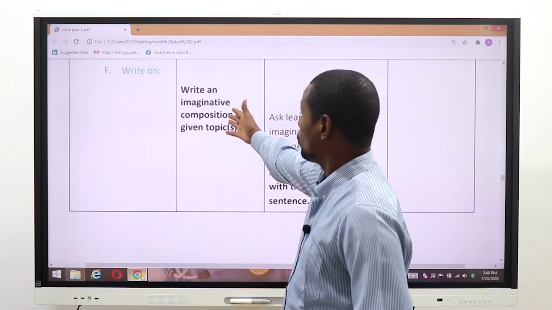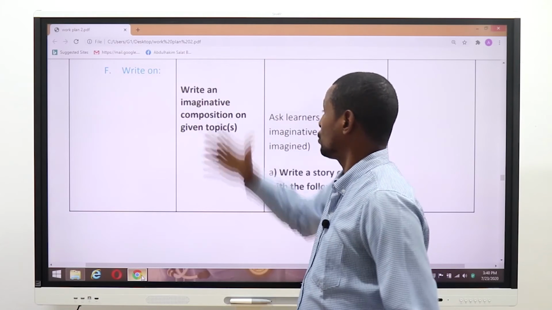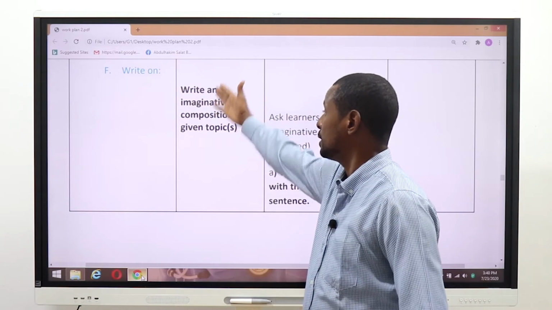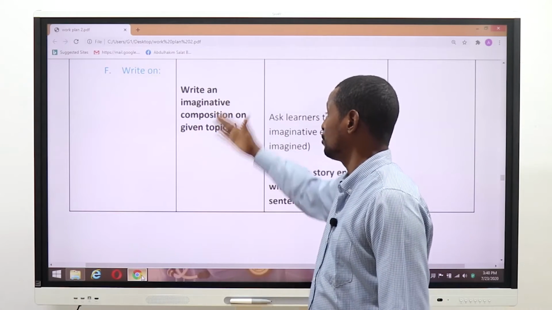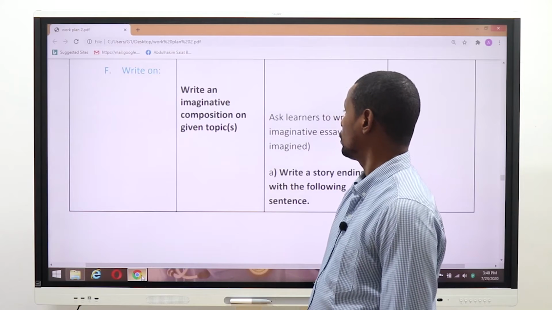This is the objective of our writing lesson. You must tell your students they are going to write an imaginative composition.